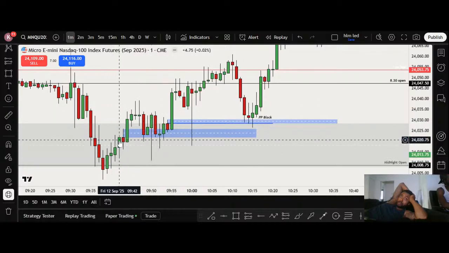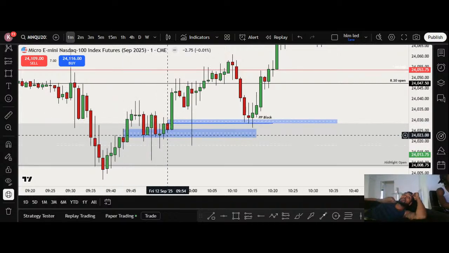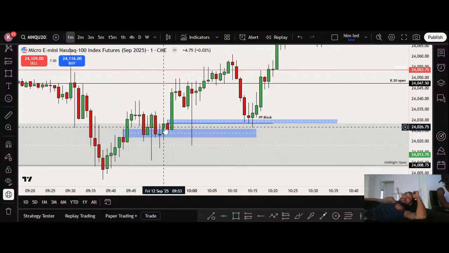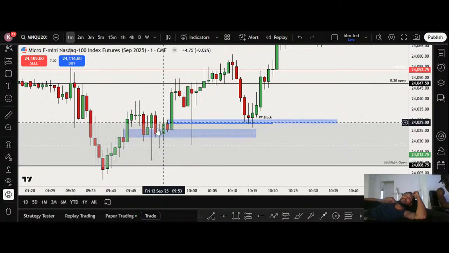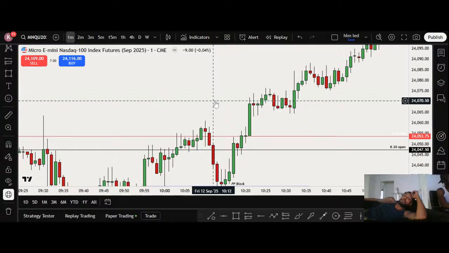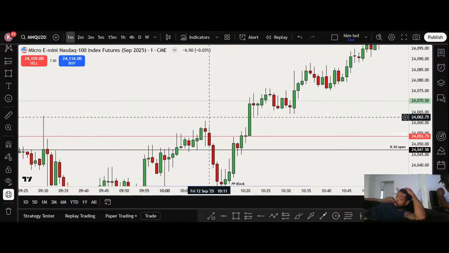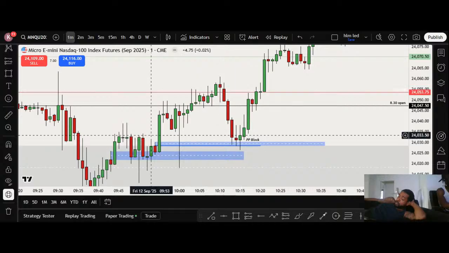So I need the market to first create it, and then I need it to come retest it to show me that yes, we want to keep going in the direction that I think we're going in. Because remember, the draw was all-time high. We still haven't hit all-time high through all of this, right?